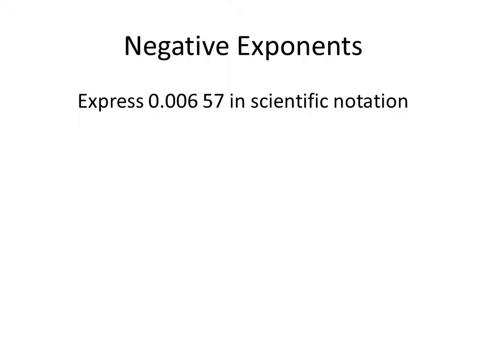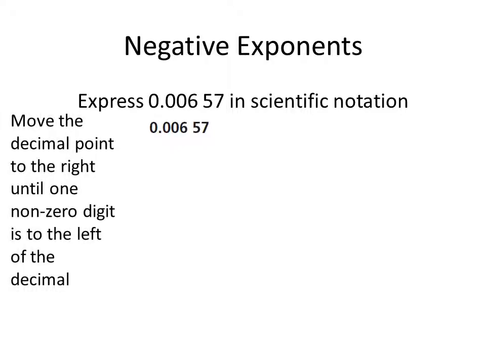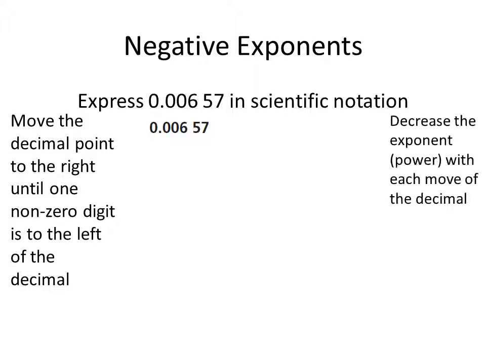Here in this example, we're expressing the number 0.00657 in scientific notation. We start with the number. We're going to move the decimal point to the right until there is a non-zero digit on the left of the decimal. As we do that, we're going to decrease the exponent, or the power, with each move of the decimal.